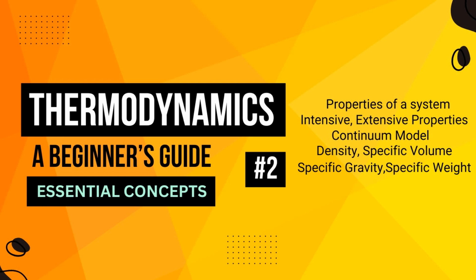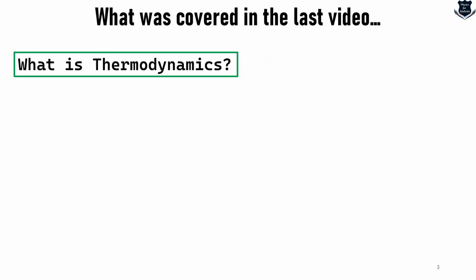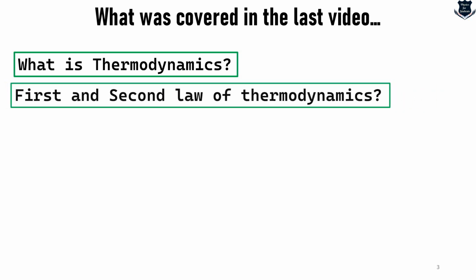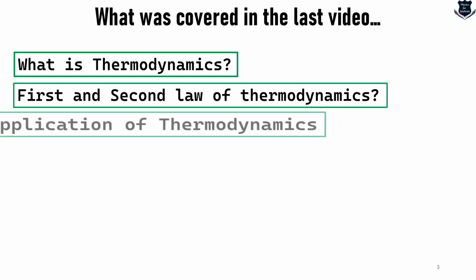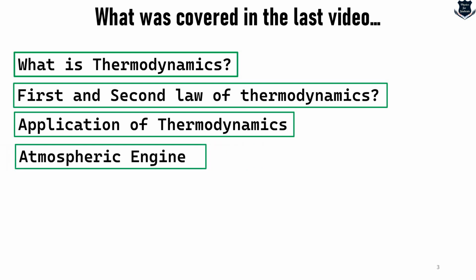Those who have missed the first episode, here is a quick recap, although I have put it up in the I button which you can go ahead and check. So in the first episode, we dealt with what thermodynamics is, the Greek word, and a basic understanding. We also understood overall the first and the second law of thermodynamics, and we went into a deep understanding of the applications of thermodynamics, how it actually improves our standard of living and whatever is around us.